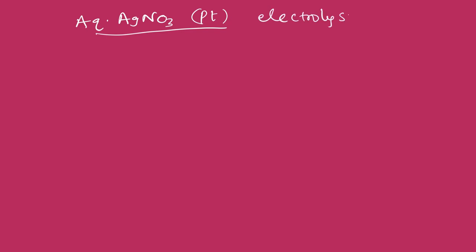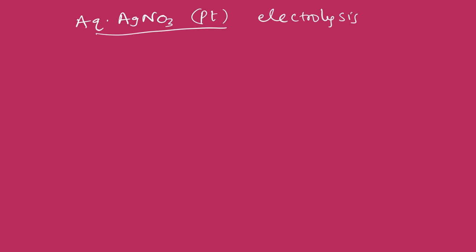Now, next in our textbook the question given is aqueous AgNO3 by using platinum electrode electrolysis process. Then what will be the product at anode and cathode?